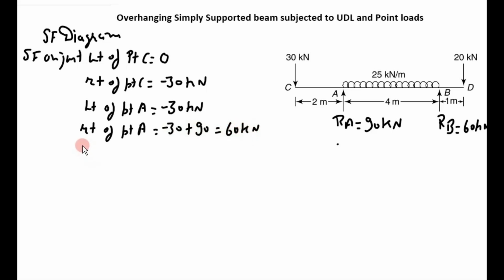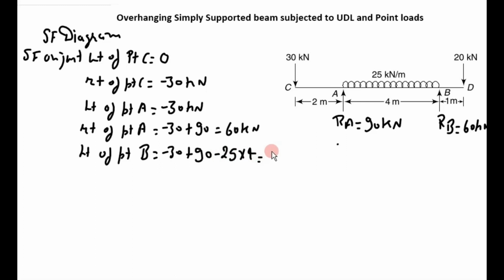Next point is left of point B. On the left of point B there is one force of minus 30, another is plus 90, and the UDL is acting vertically downwards, so it is minus 25 kilonewton per meter acting on 4 meter.